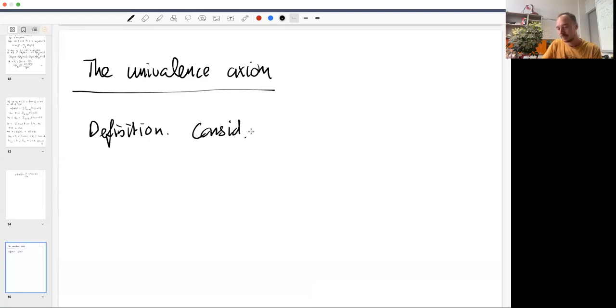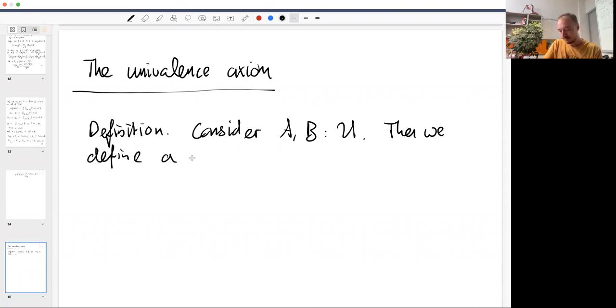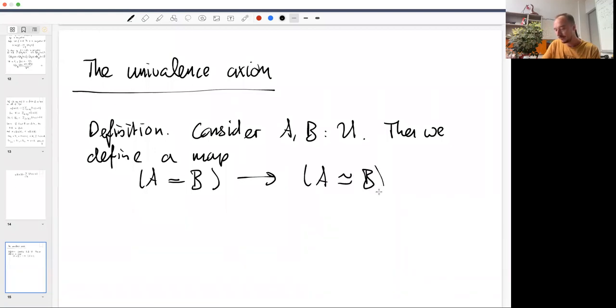Consider two types, A and B, in the same universe U. Then we define a map, and it goes from the type of identifications of A and B, and it lands in the type of equivalences from A to B.